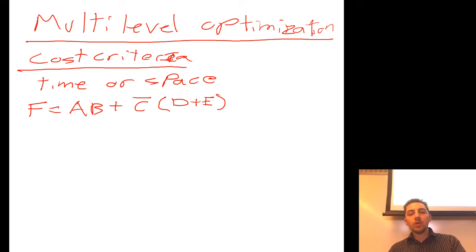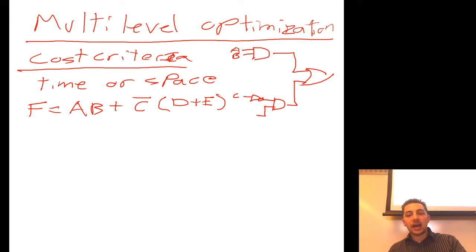Well, we've got this OR gate here, and on one side of the OR gate, we have an AND gate with A and B. Fine, cool. On the other side, we have an AND gate. One side has C bar. The other side has D ORed with E.